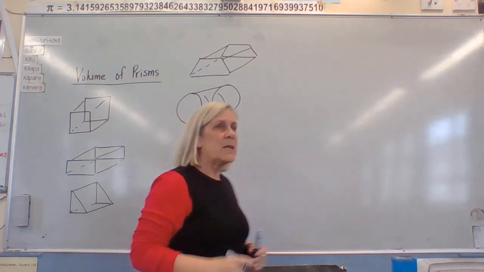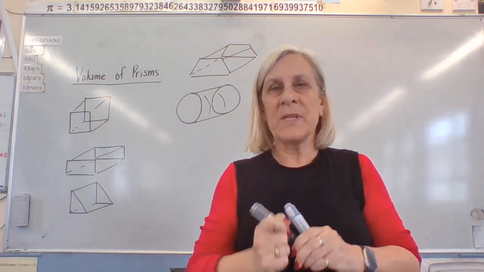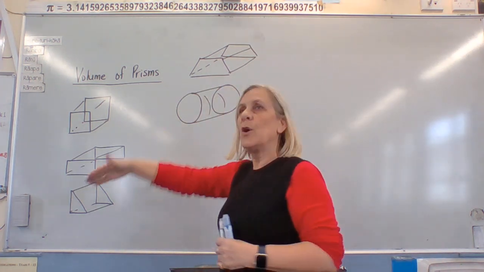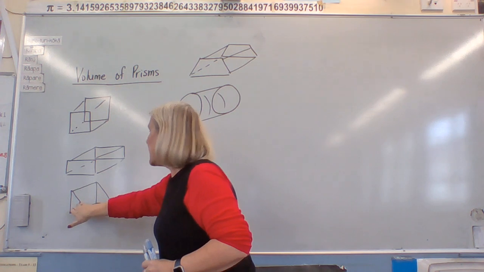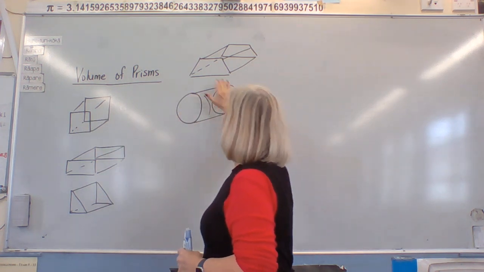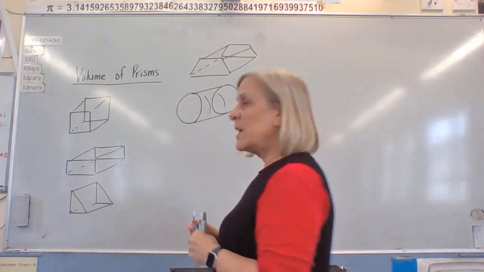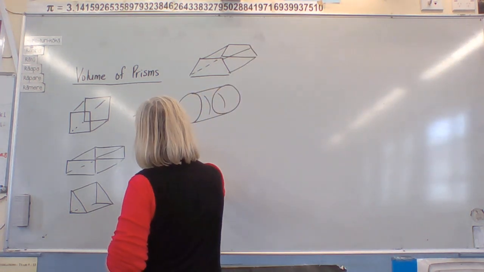All right? So all of those are prisms because if we take a knife and we cut through their length, we get that same shape that we put on our ends. So those ends get a special name. We're going to call it the facing side.